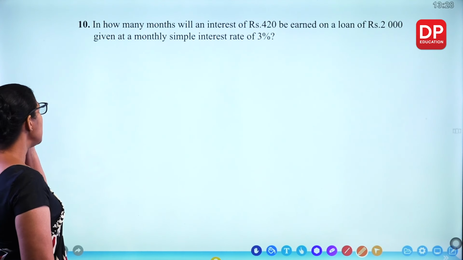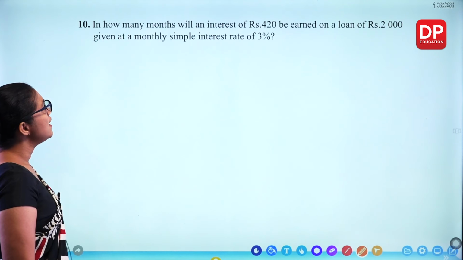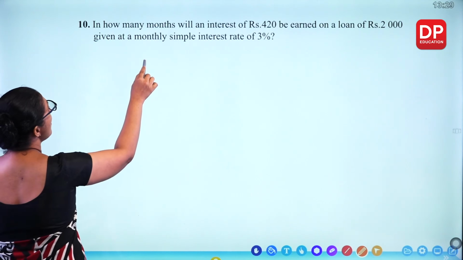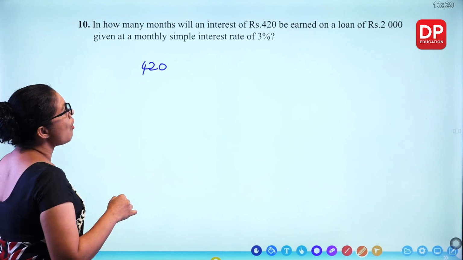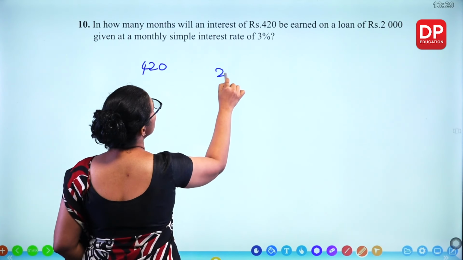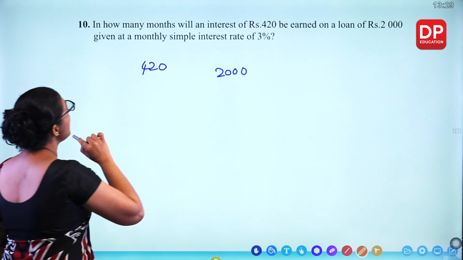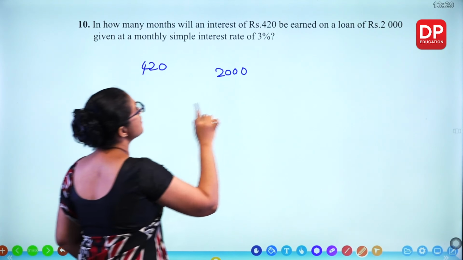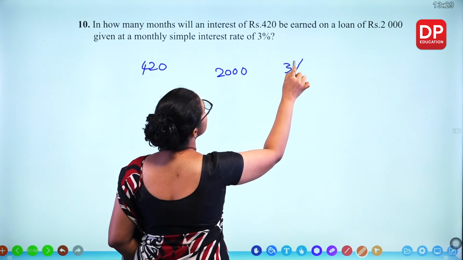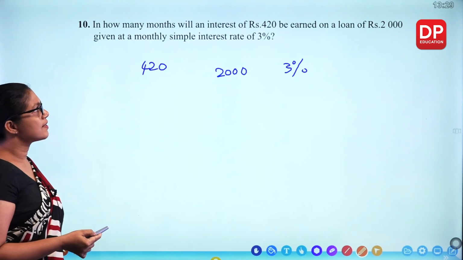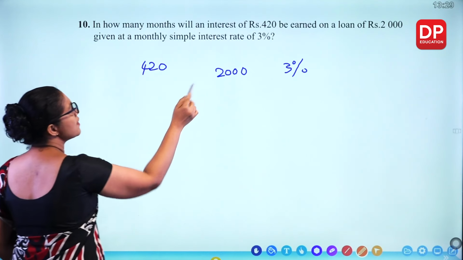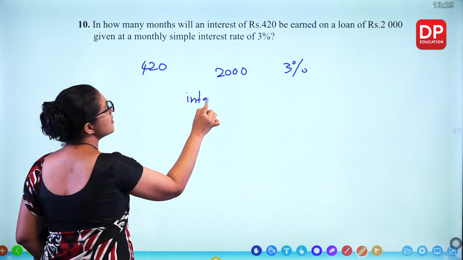Question number 10. In how many months will an interest of 420 rupees be earned on a loan of 2,000 rupees given at a monthly simple interest rate of 3%? So you are asking how many months are there. So here first calculate the interest.